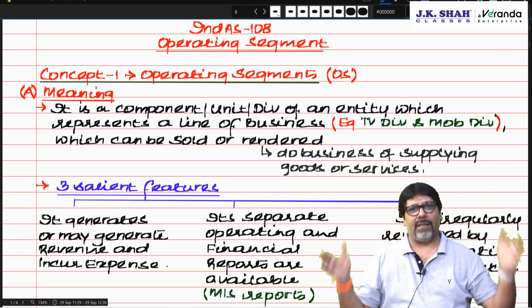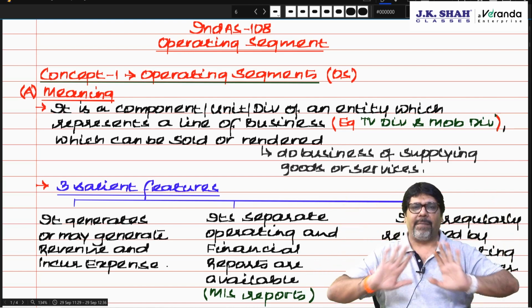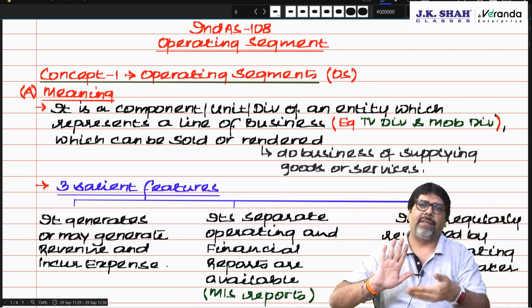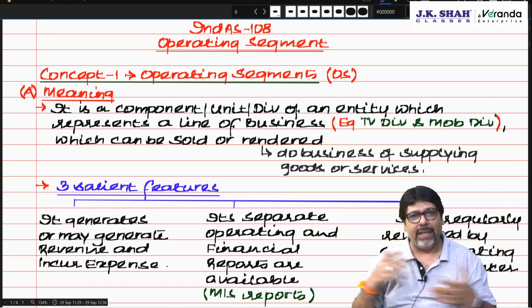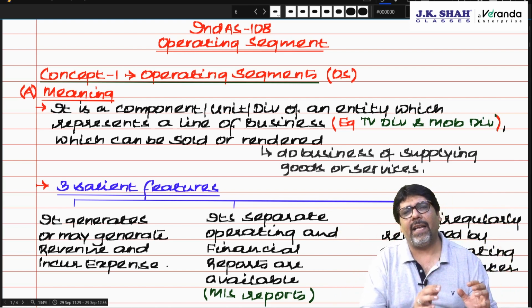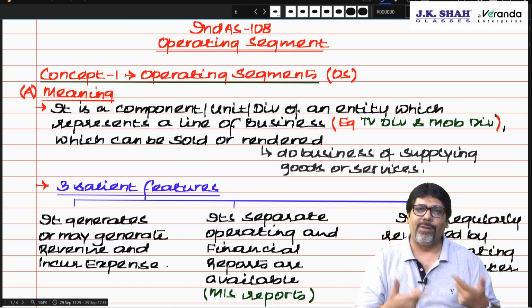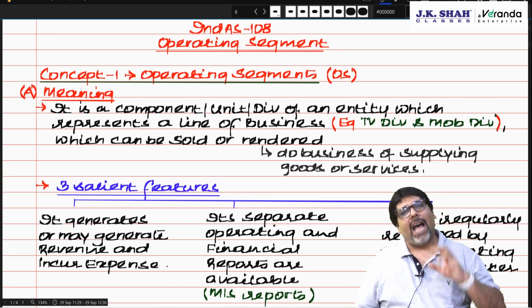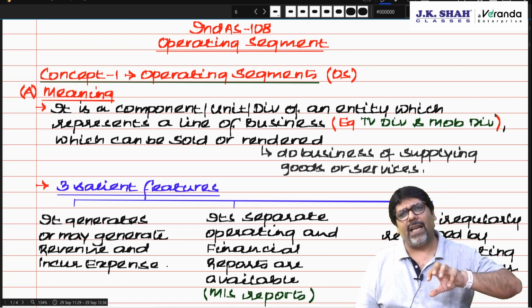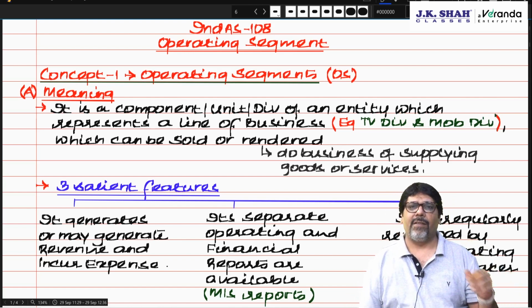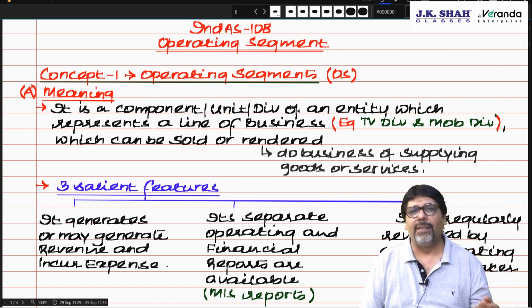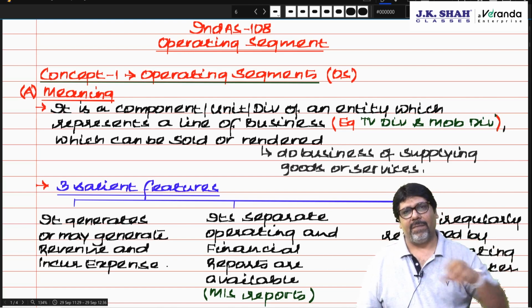So in one business house known as Raymond's, there are two segments available. In one, they make profit by selling suiting, shirting, cloth lengths, and the other segment is where they tailor garments for their customers. And nowadays you must have heard that they are coming out with a third segment also, where they deal with ready-made garments. So each is a separate line of business.